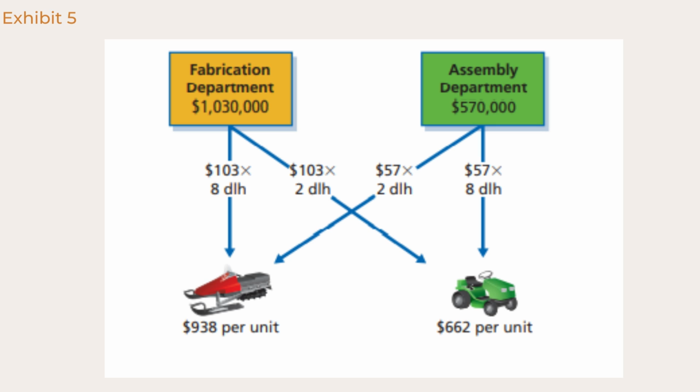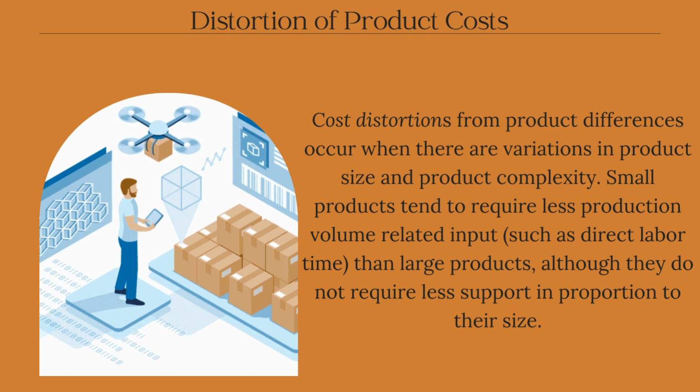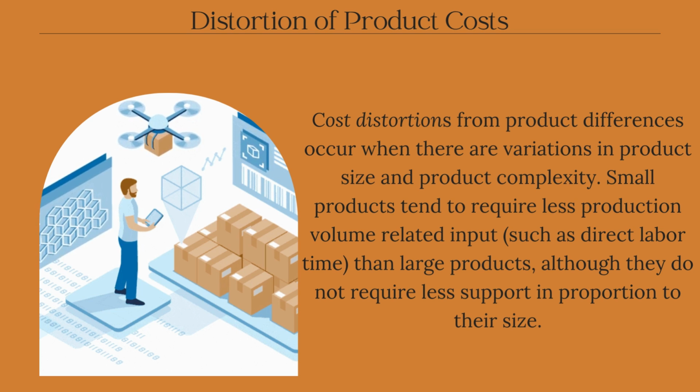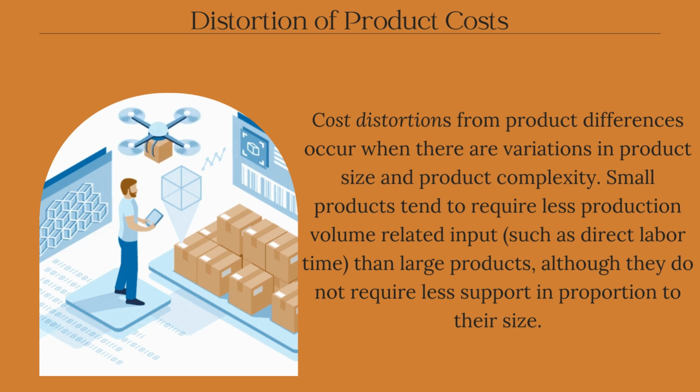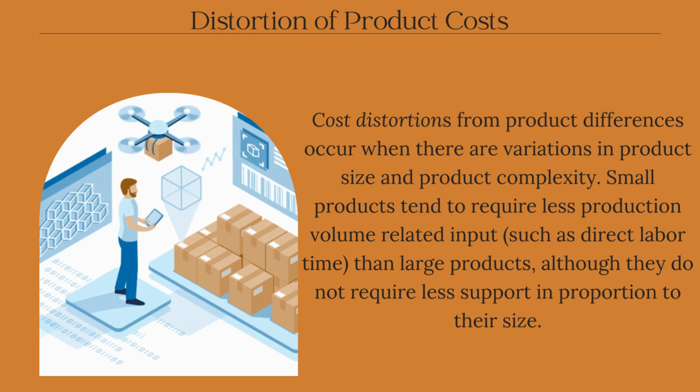Okay, going on to another topic. We have here distortion of product costs. Now, before knowing how and when distortion of product costs happens in a company, let us first define what distortion of product costs is.